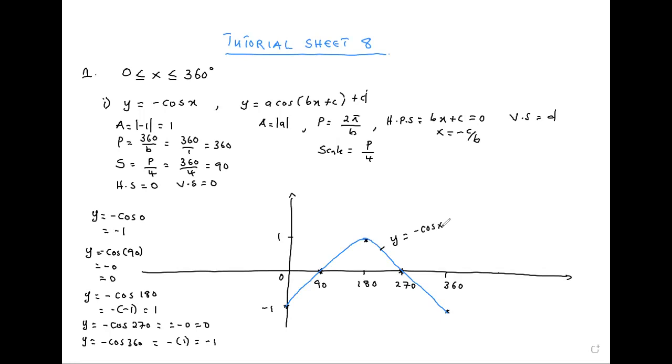Okay. So after you have this sketch, you move now to the next question, since this one is complete, unless there are questions. So 2 is similar to 1, so sketch 3.